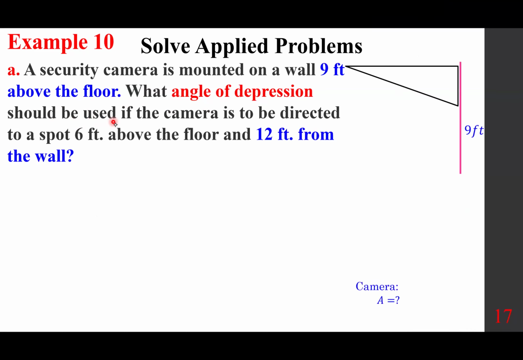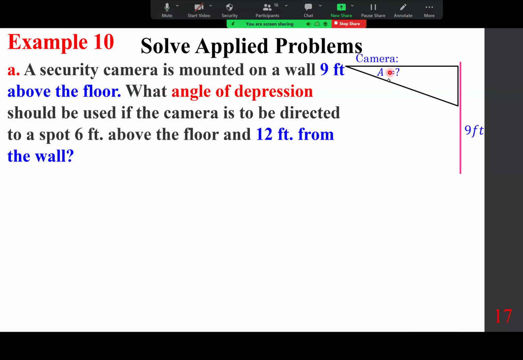Here's the camera, everybody. And we need to find this angle. We know this distance is 12 feet. It has to be directed to a spot 6 feet above the floor. So this distance is 6. If this is 6, this must be 3.